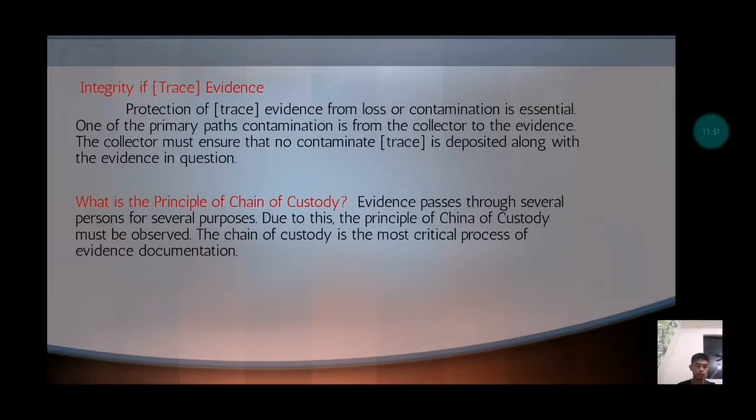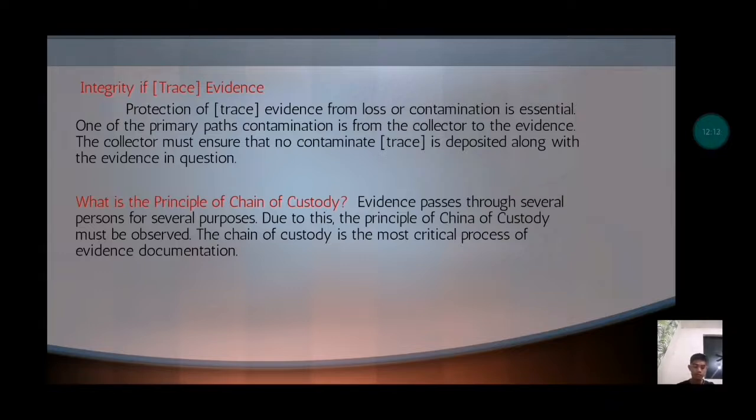This may include hair or fiber from the collector. To prevent contamination, crime scene personnel must wear personal protective equipment such as gloves and masks and use trace contaminant-free implements when collecting evidence.